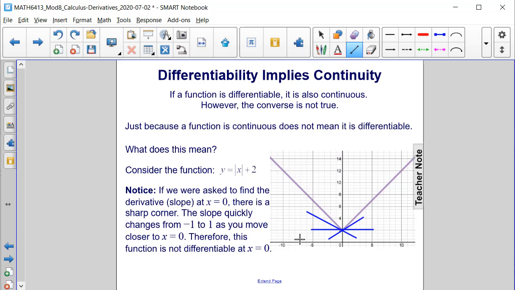So at these cusps, at these points in certain special functions, they're not differentiable at those points because you can draw infinitely many tangent lines at those x values.